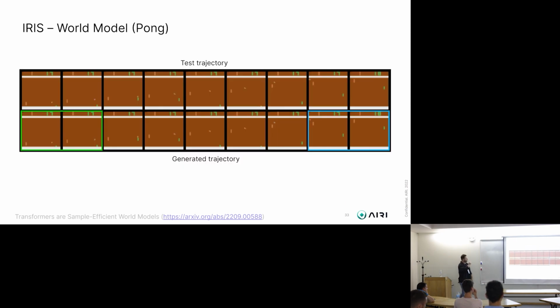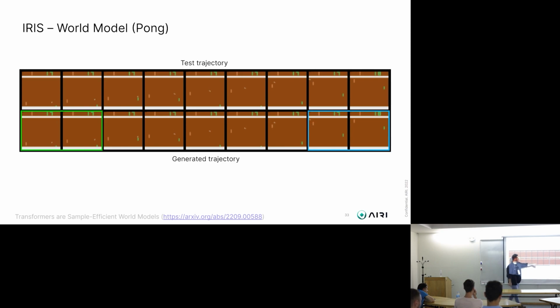And if you look at this example with Pong, on the top there are test trajectories, real interaction with the environment that we can collect. On the bottom is the generated trajectory. It's generated from these 2 initial states. And you can see that these frames are almost identical.